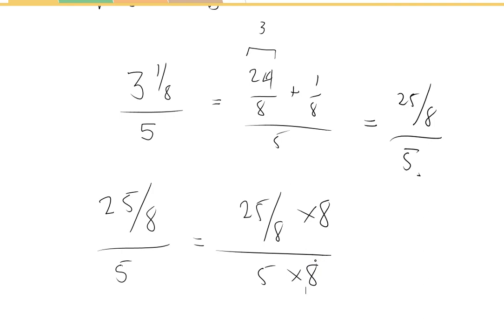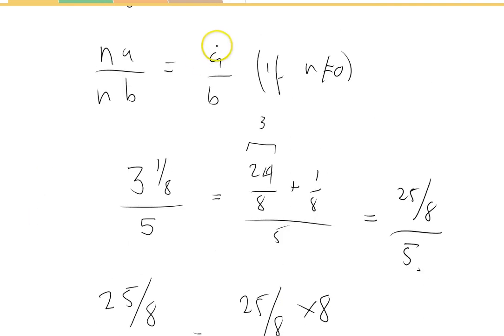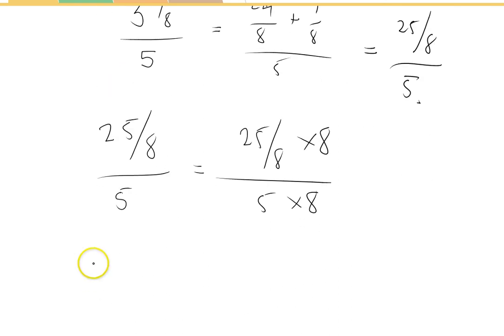What I've done here is used cancellation in reverse. I'm multiplying the top and bottom by n. If I've got na over nb equals a over b, I can do it in reverse. I can take an a over b and say it's equal to na over nb, provided n is not equal to 0.